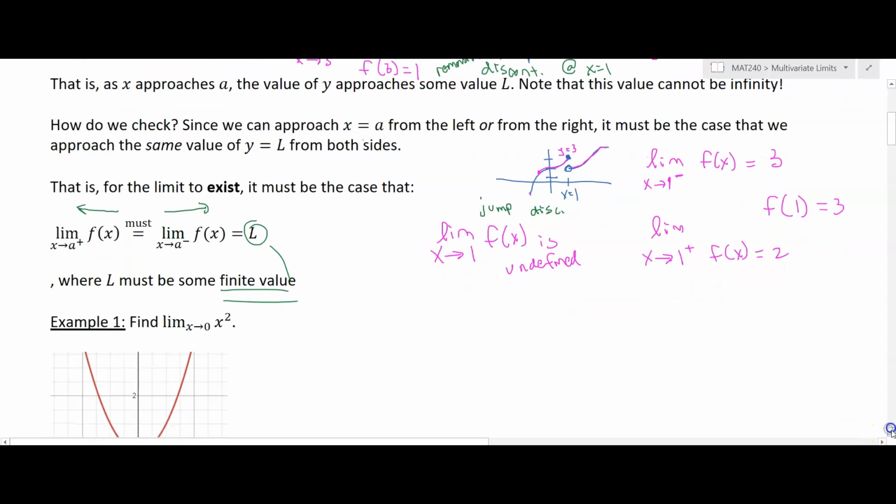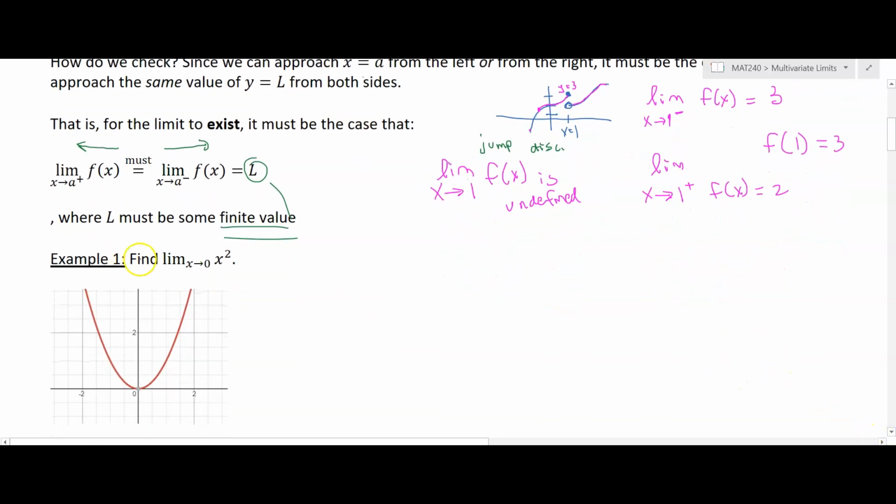So let's take a look at a graph here. Here we have the limit as x approaches 0 of the function x squared. If I take anywhere from the left of x equals 0 and start to trace the curve, it appears that the limit as x approaches 0 from the left of x squared, that's my f of x, is equal to 0.